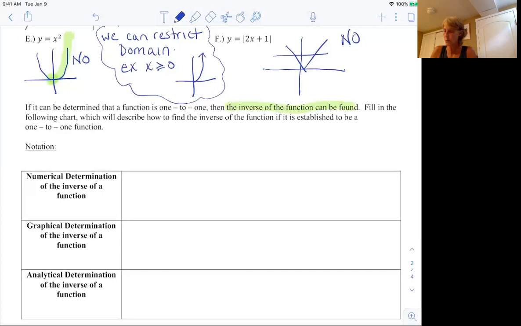Notation. Once we find the inverse of a function, that's the notation we use. That -1 is not an exponential rule. It doesn't mean to flip it in this case. When you see a -1 next to a function, like an f of x or a g of x, that means you're dealing with an inverse function.